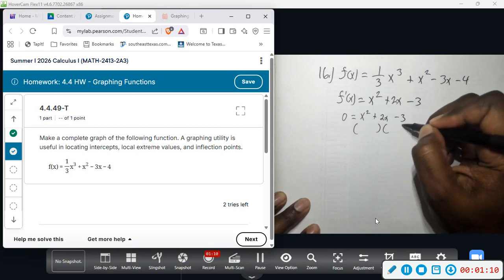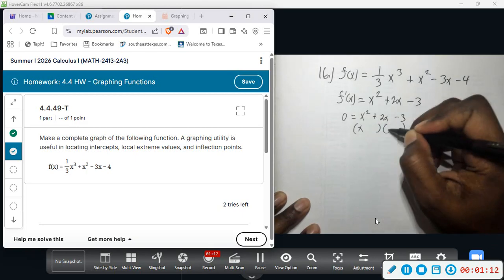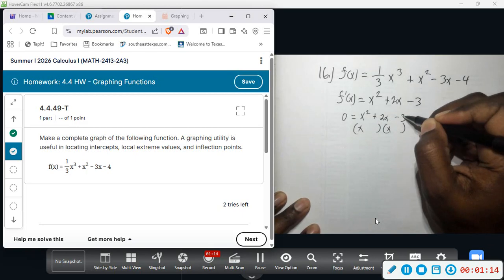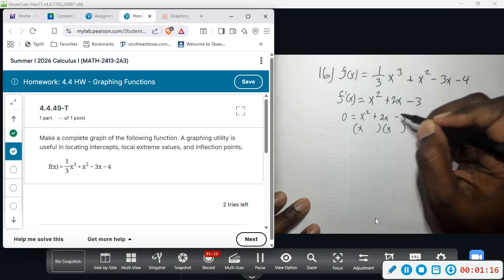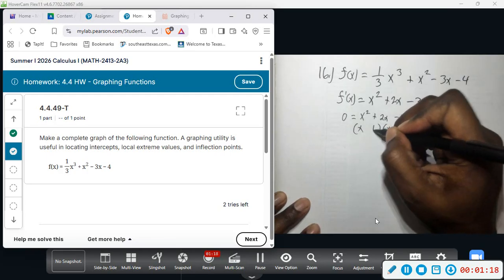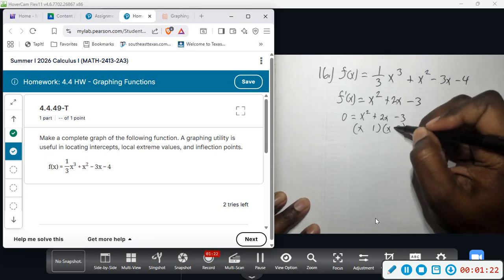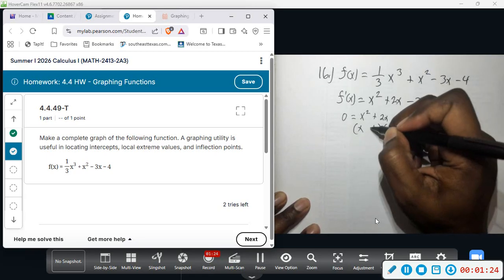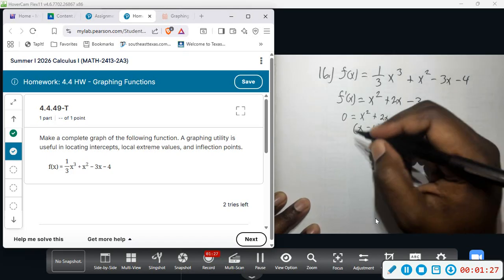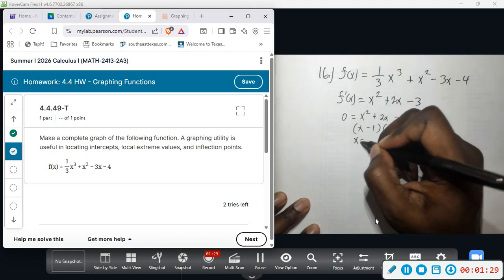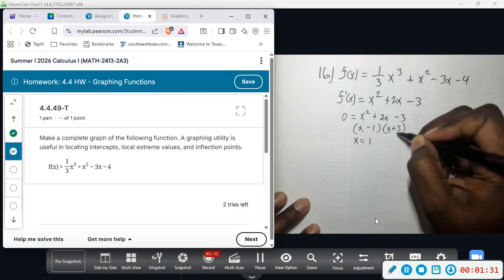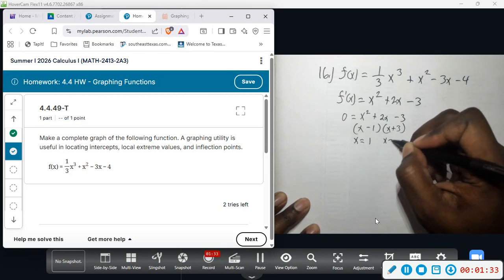We'll factor it. 3 times 1, if we subtract that, we get 2. The 2 is positive, so we need the larger number positive, smaller number negative. So we get critical values of 1 and critical value of -3.